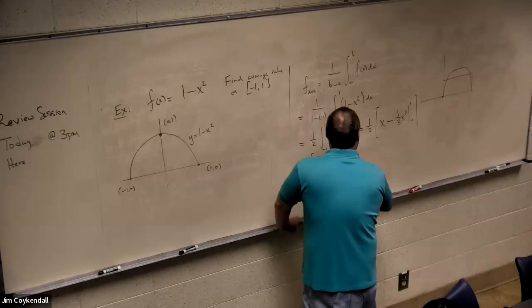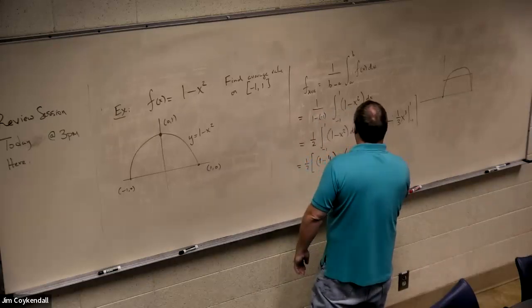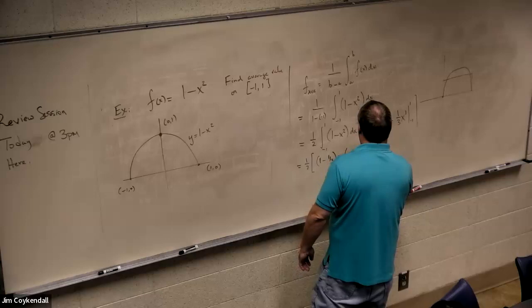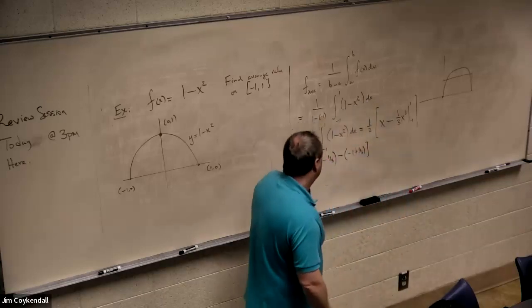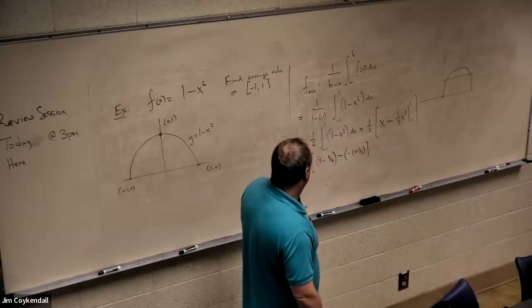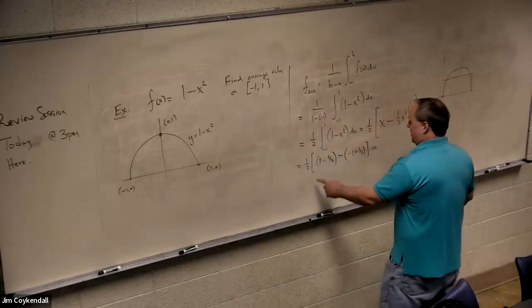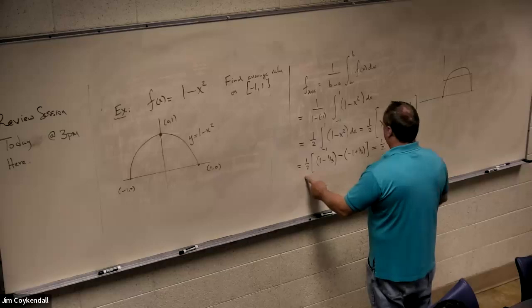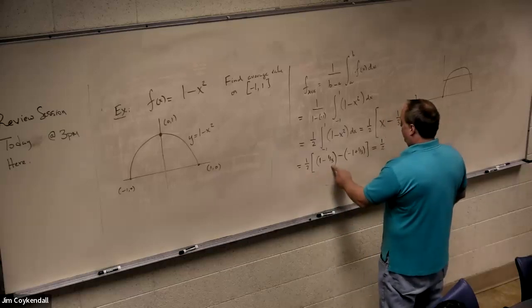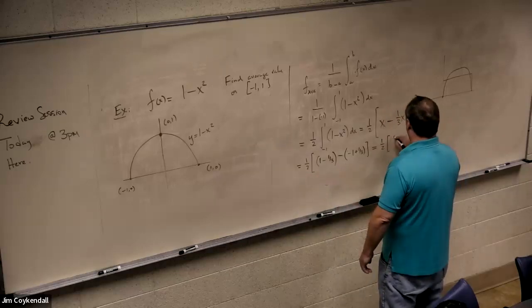And then minus, put in minus 1. So this is 1/2 times, that's going to be 2/3, another 2/3.